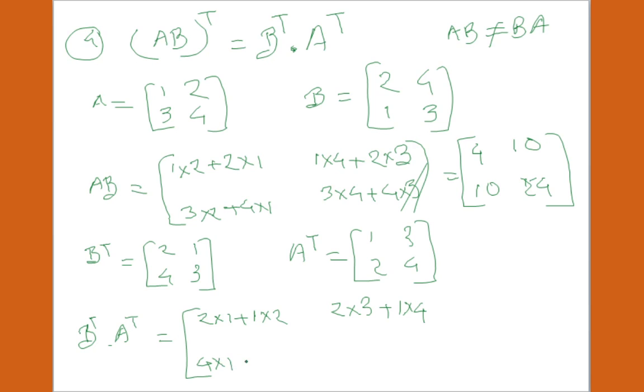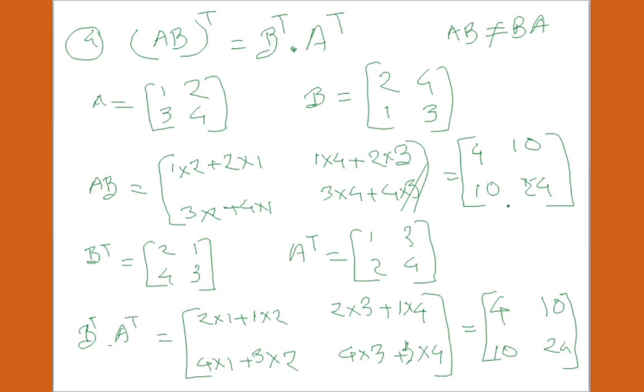Next 4 into 1 plus 3 into 2. 4 into 3 plus 3 into 4. This will be 2 plus 2, 4. 4 plus 6, 10. This is 10, 24. If we make it transpose, 4 10, 10 24.